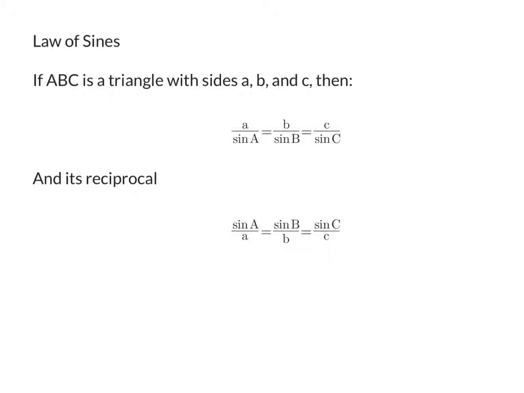For example, you might have a over sine A equal to b over sine B, set up as a proportion. Or you might have b over sine B equal to c over sine C. Or a over sine A equal to c over sine C. So again, it's not all three at the same time. You just do two at a time. And the same is true for its reciprocal, because essentially these are proportions.